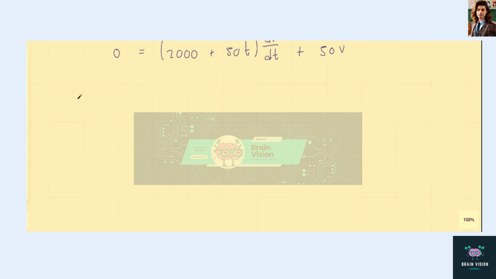So here we have a separable equation. And the separable equation has the form dv over v is equal to minus 50 dt over 2000 plus 50t. So we have a separable differential equation.